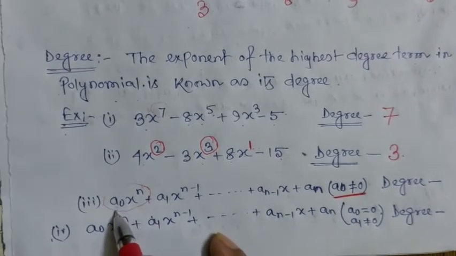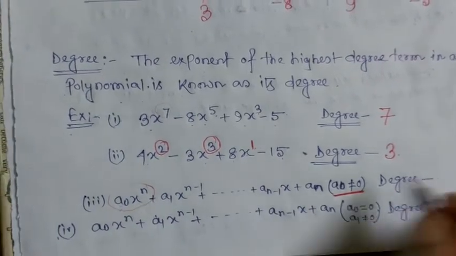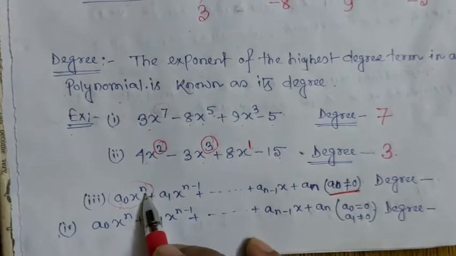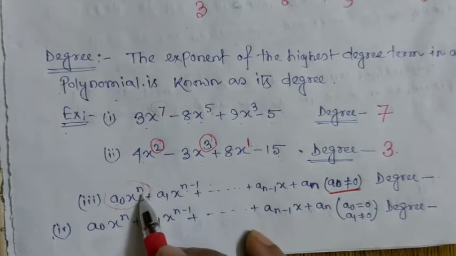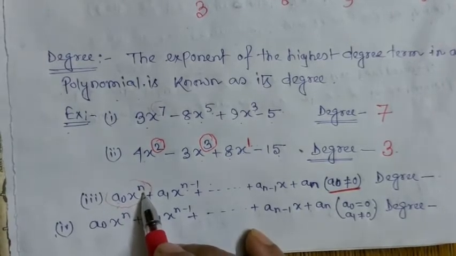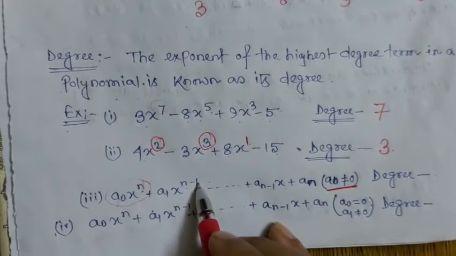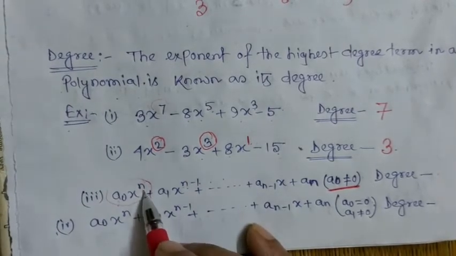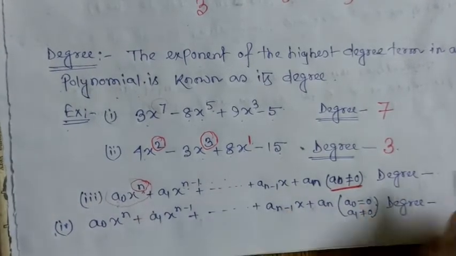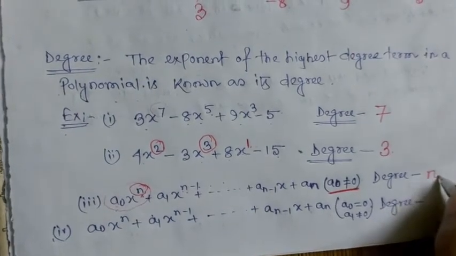Then this is the finite value. So what is the degree? Obviously n is larger than n minus 1 and n minus 2. Because if you take n as 5, then 5 minus 1 is 4, and 5 minus 2 is 3. So obviously this is the larger number. That's why the degree is n in this case.